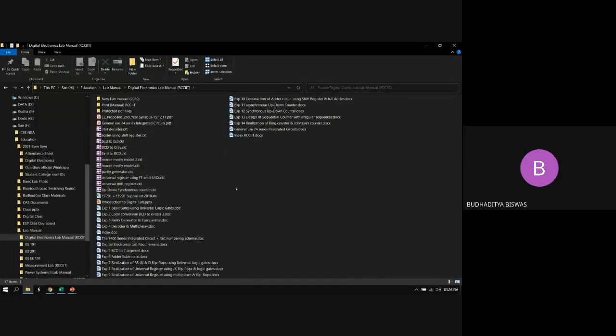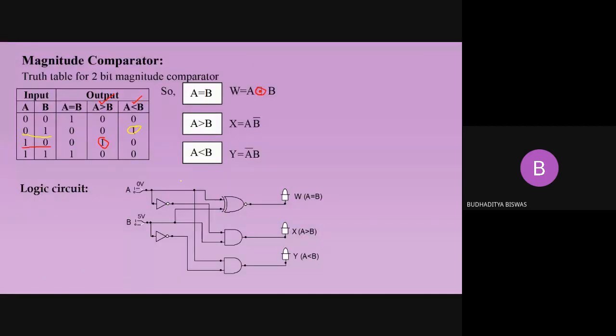Unfortunately, I don't have the magnitude comparator circuit, but it's easy. If you just draw this circuit and give the proper input, like A equal to 0, B equal to 0, then this light W will be on, which means this is the valid condition. If you give A equal to 0, B equal to 1, that means A less than B, so this Y will be on, like this one. So this is called the magnitude comparator. Got it?